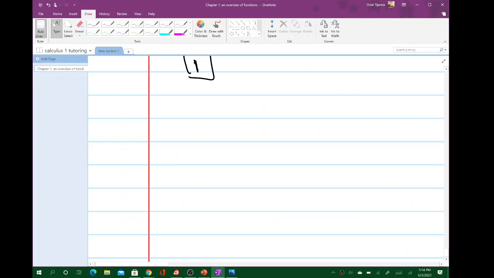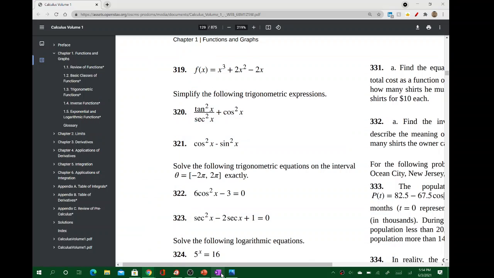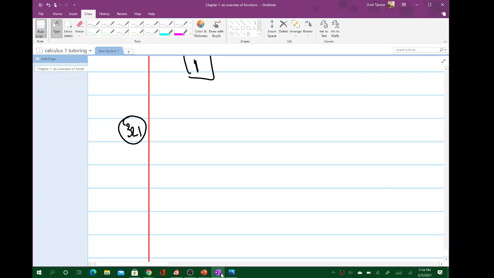Number 321. There's two ways we can do this. We can prove that this is equal to cosine of 2x, or basically we can simplify this in terms of sine squared x, or we can simplify it in terms of cosine squared x.